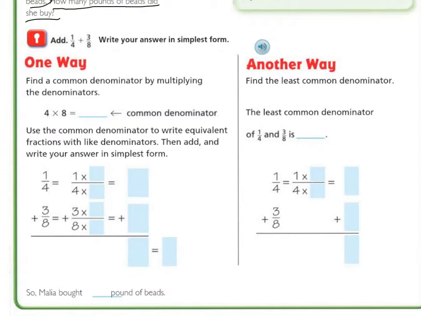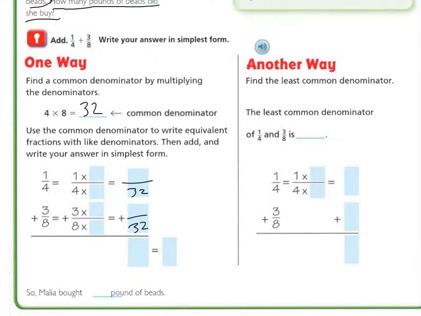First, we need to find a common denominator by multiplying the denominators. So this is one way. We can multiply the 4 times the 8, and we know 4 times 8 is 32, right? So I'm going to write 32 on the bottom of both of these.